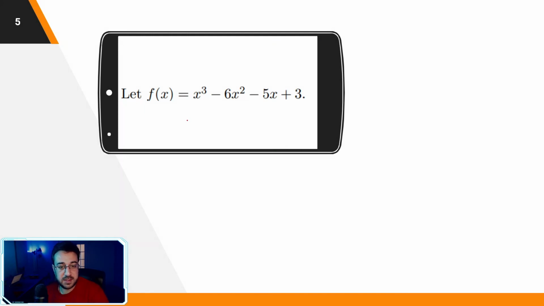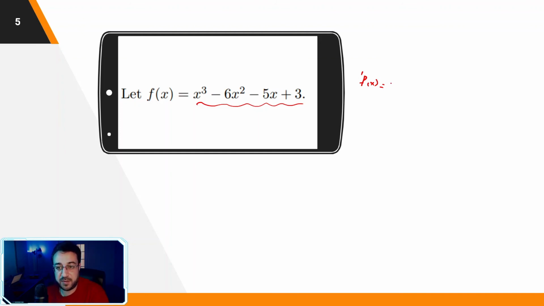You have this expression and you need to find the derivative for that function. F prime of x, as you see, this is a power rule application. You can distribute the derivative on the addition and subtraction of the expression, and you can take the derivative of each part of that expression on the side and put them all together.